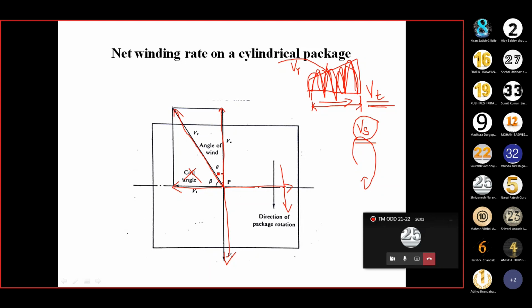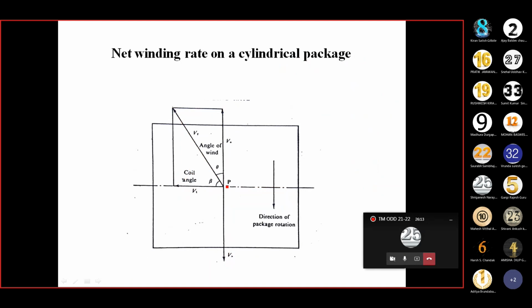This is theta. Now if I consider this triangle, I will remove all the other things so that the diagram is clear. Consider this triangle and tell me how I can calculate this theta.